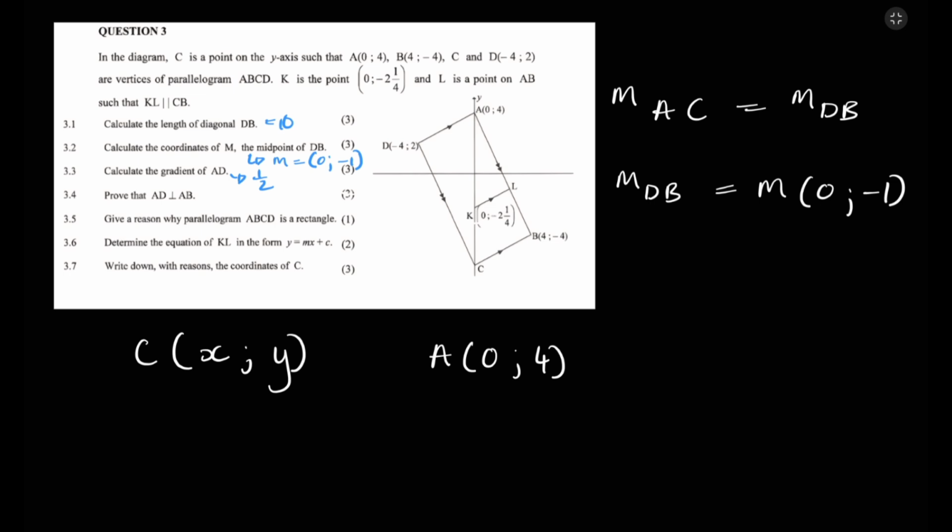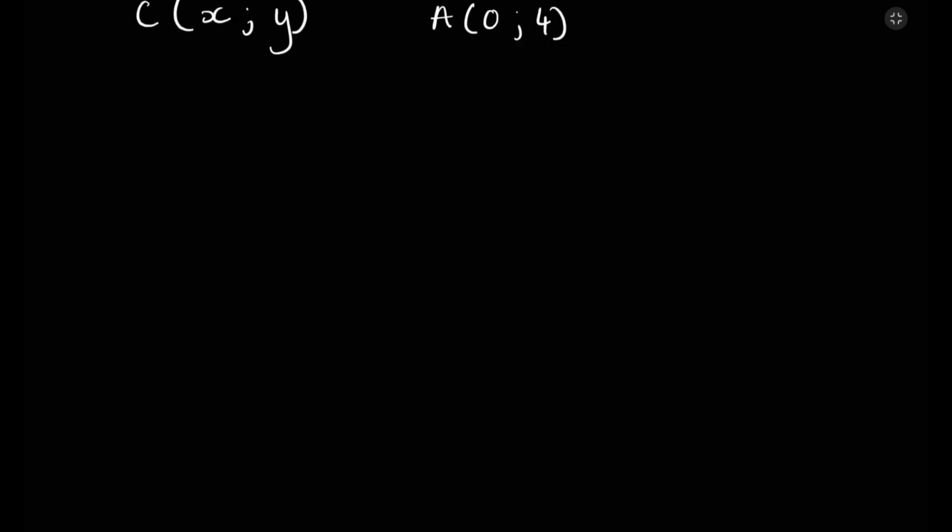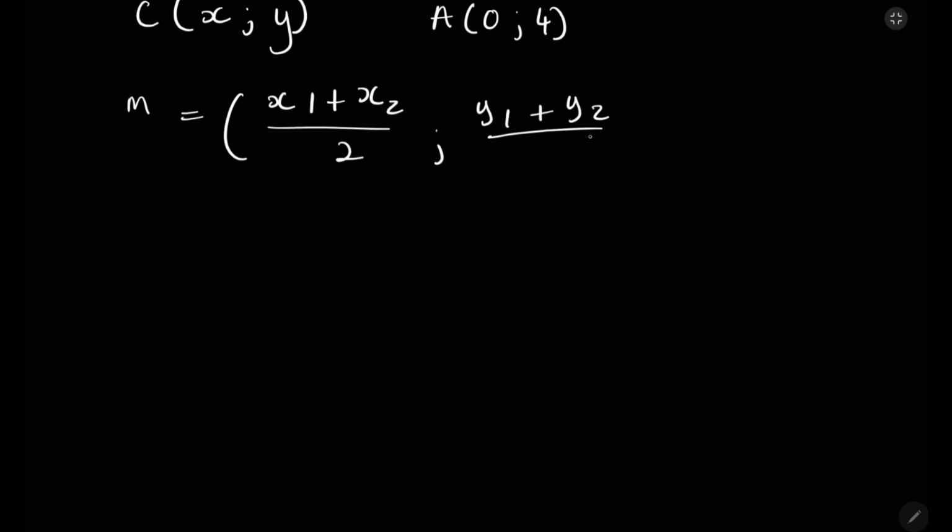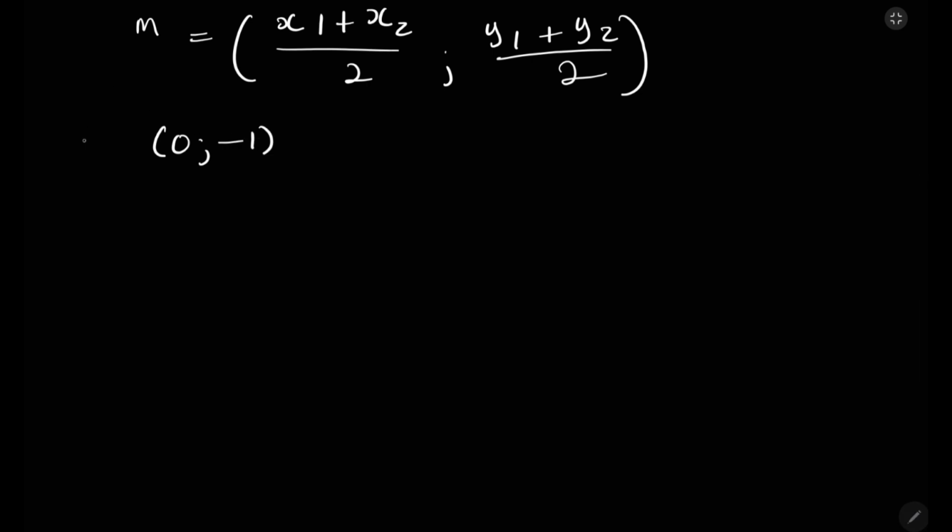Now let's write our midpoint formula. It's x1 plus x2 over 2, and we have y1 plus y2 over 2. Now remember, we also have point 0 and -1, which is M, the one that we found in the previous examples.